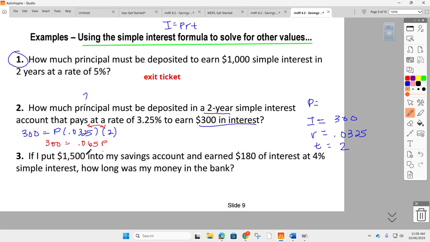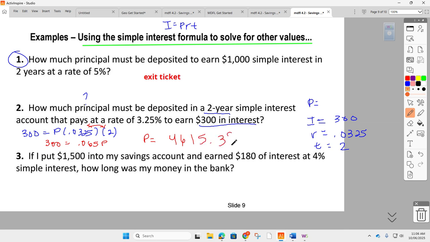So this equation says 300 equals 0.065 times P. Got a one-step equation we're solving, so we're going to divide both sides by 0.065, and now we'll know that our principal amount was $4,615.38, and we did have to round to here.